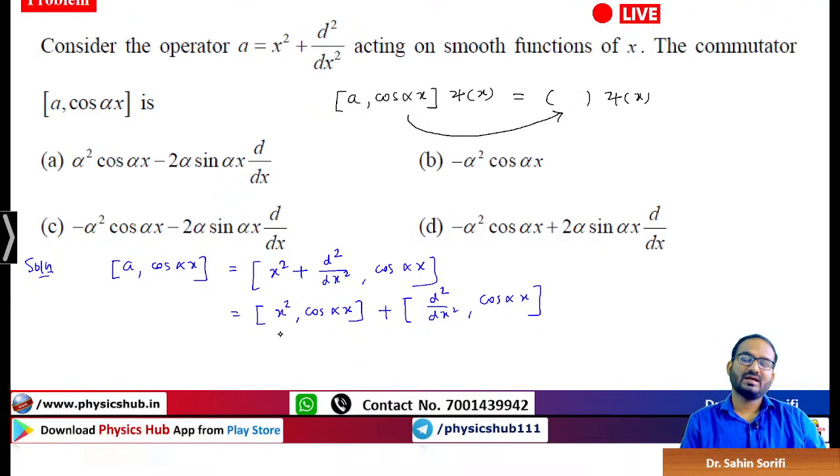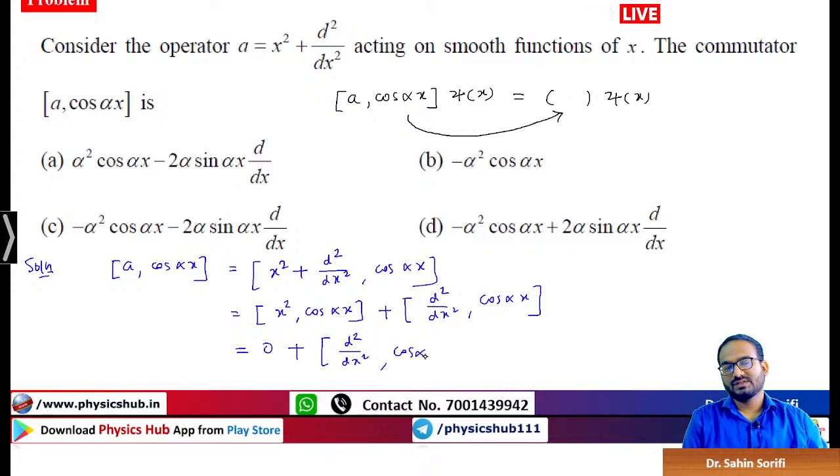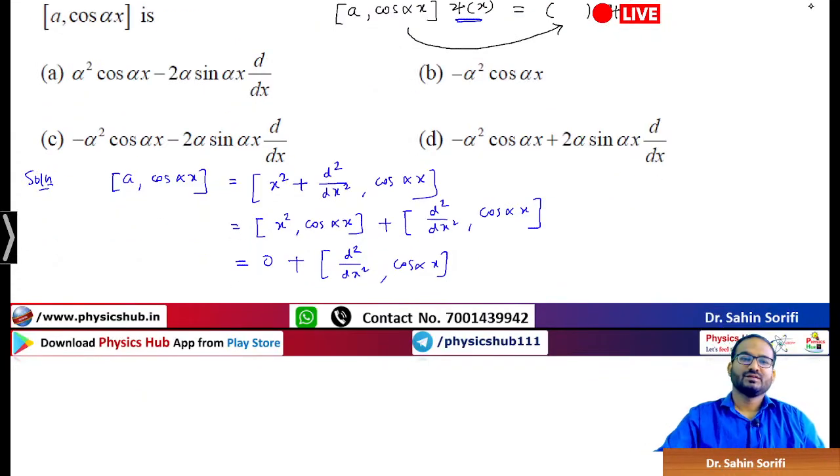These are simply algebraic functions, x squared and cos alpha x. Whether you keep cos before or after, or x squared before or after, this will be 0, right? So ultimately we have to check for this operator. Whenever you see operators like d/dx, d squared by dx squared, you have to apply them on some function. It is not necessarily a wave function, it is any function. So we have to calculate this part.